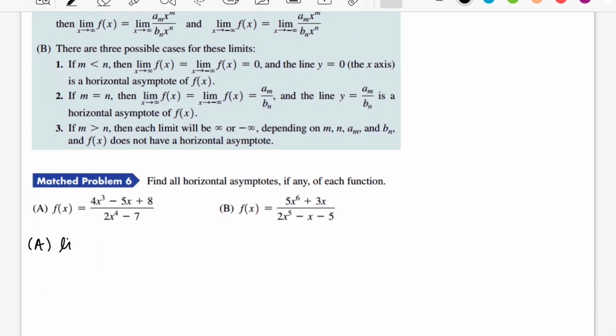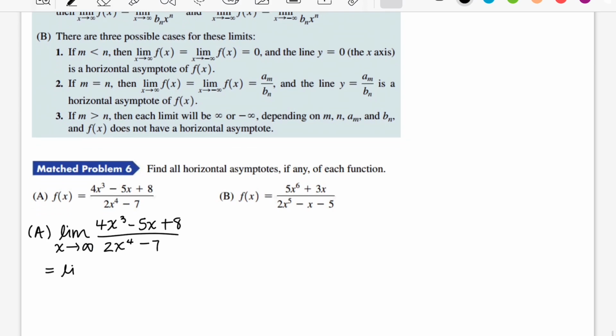So what I mean by this is that the limit as x goes to infinity is going to be the limit of 4x cubed over 2x to the fourth as x goes to infinity. So we just have to look at the leading terms of both.